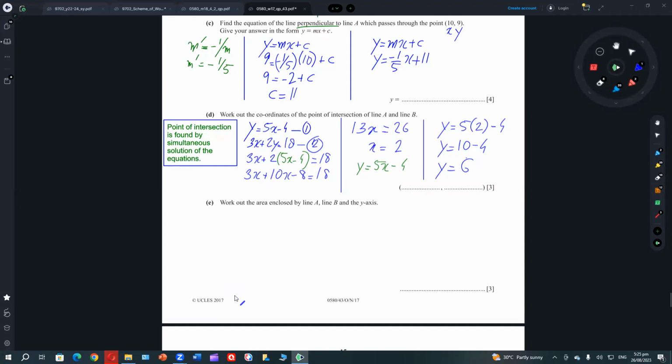Area enclosed by line A, line B, and the y-axis. He has given us 3 marks.